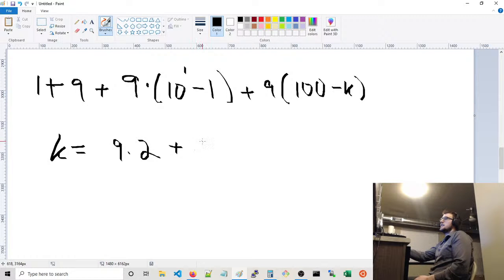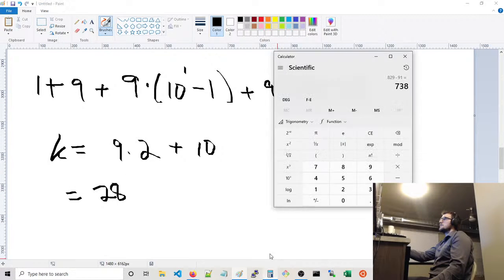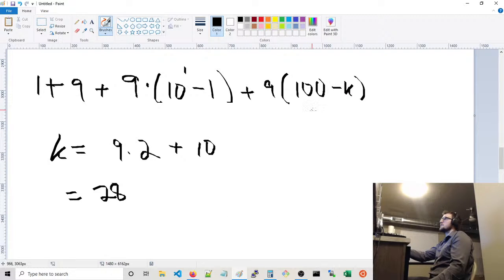And there you'll lose 10. And that's going to happen once. So this ends up being 28. Okay. 100 minus 28 times 99 plus 91. 739. Okay, there you go.